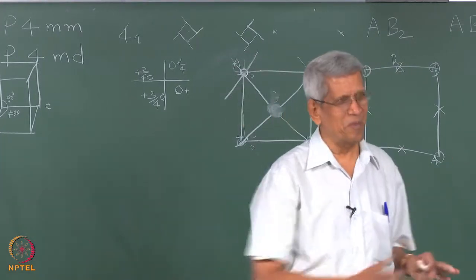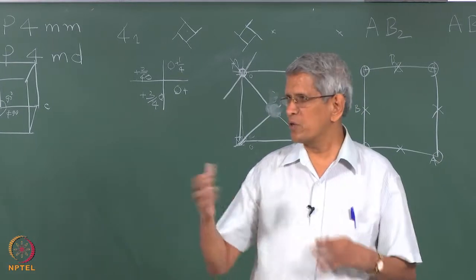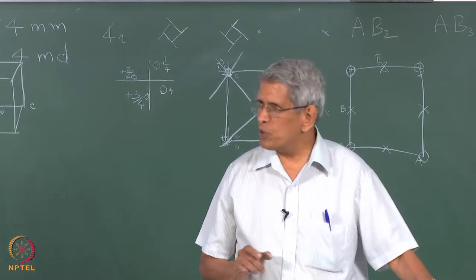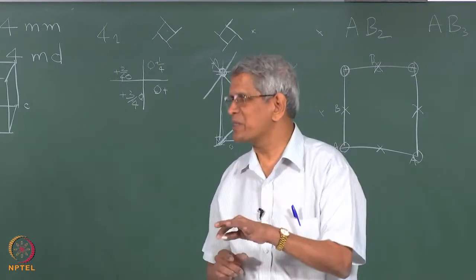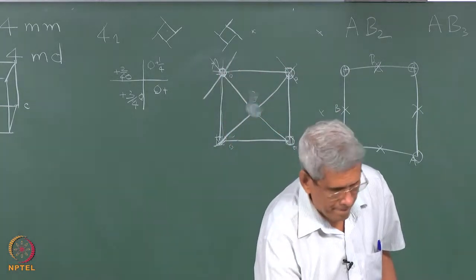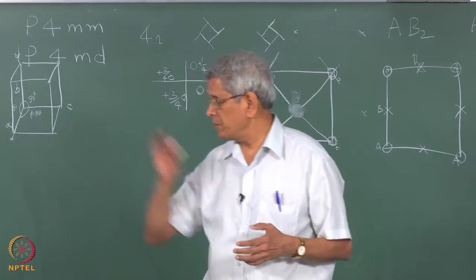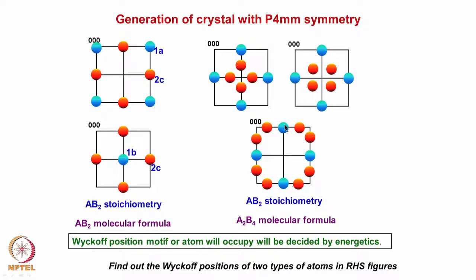This table represents things from the symmetry point of view. What we have studied is looking at the octahedral and tetrahedral voids. Both are identical. From this only that has emerged. So here what I have done is taken two types of atoms, and the stoichiometry which I wanted to maintain is AB2.